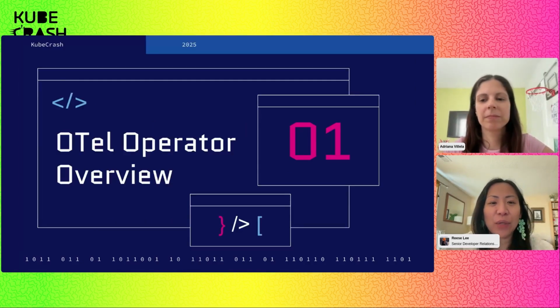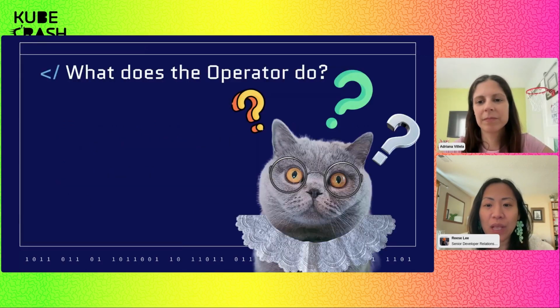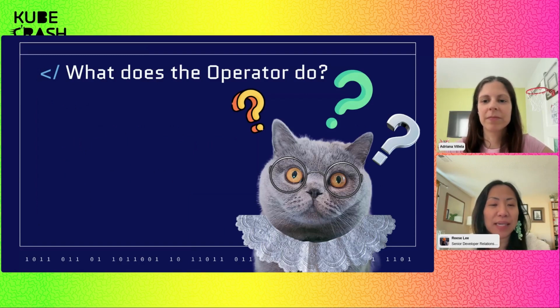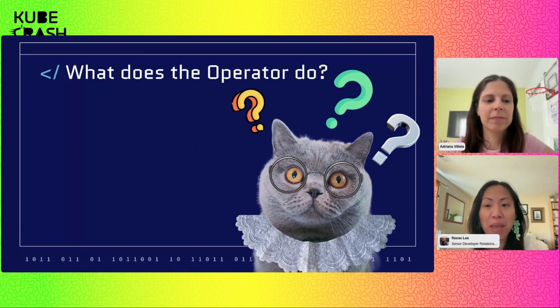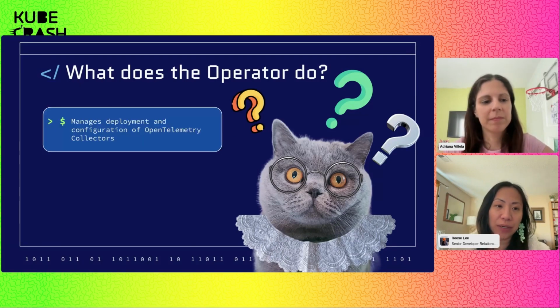All right, so what exactly is the operator and what does it do? If you already have an application running in Kubernetes and you're exploring using OpenTelemetry to gain insights into the health and performance of your application and cluster, you might be interested in the operator. It's responsible for two primary tasks. First, it manages the deployment of your collector and makes sure it's correctly configured in your cluster.